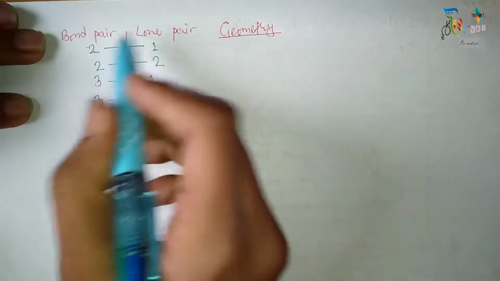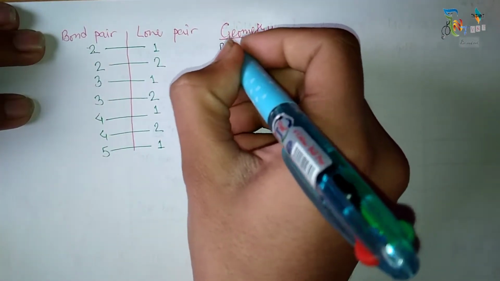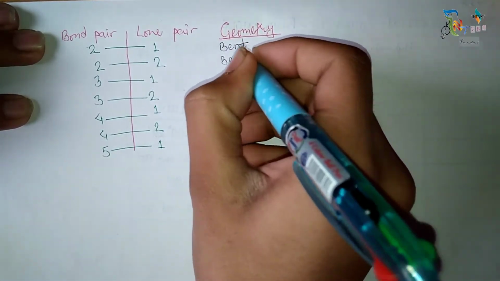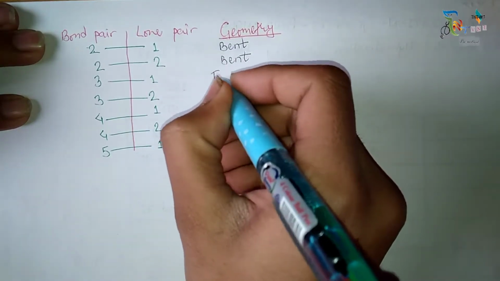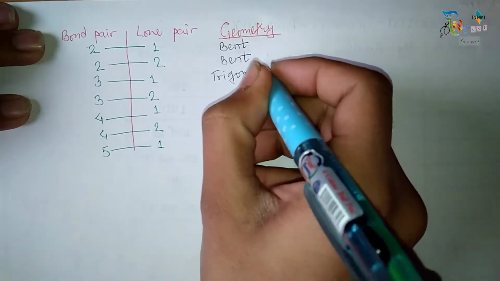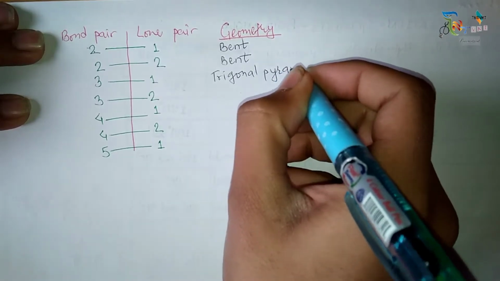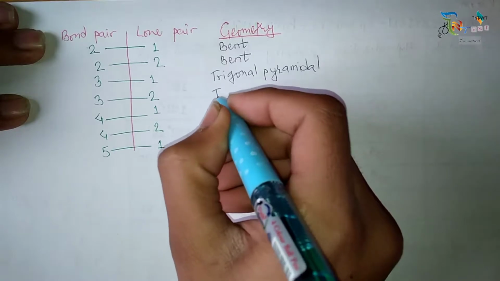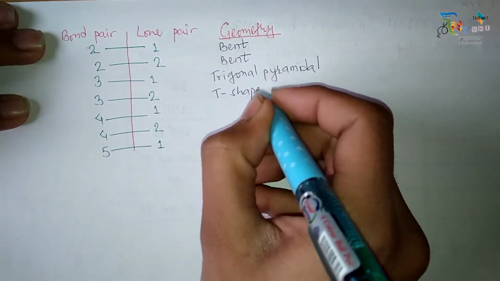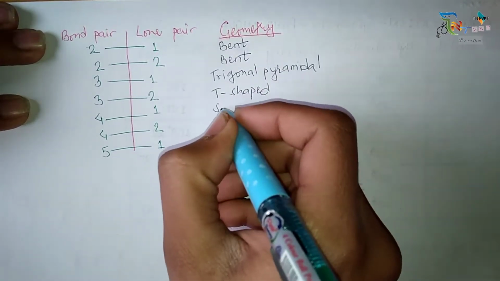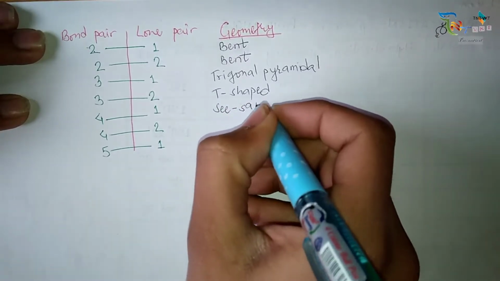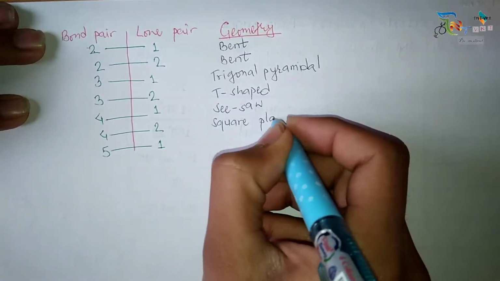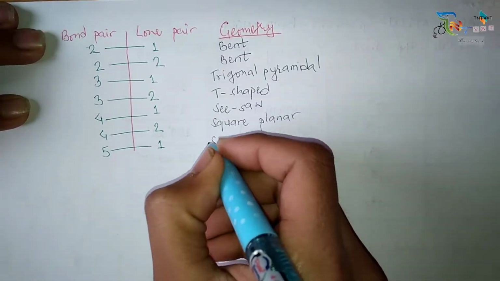When bond pair is 2 and lone pair 1, the geometry is bent or angular. 2 2 is also bent. 3 1 is trigonal pyramidal. 3 2 is T-shaped. 4 1 is seesaw shaped. 4 2 is square planar. 5 1 is square pyramidal.